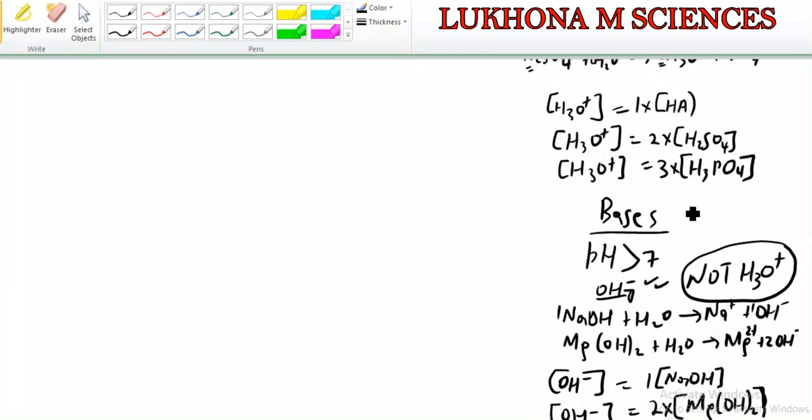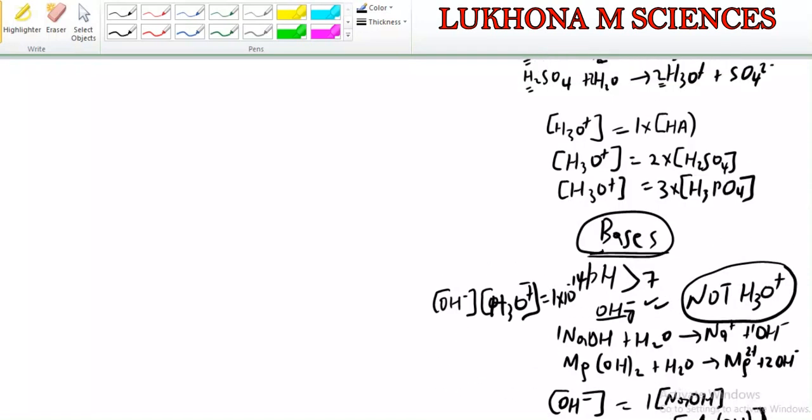Meaning that when you have a base, you are going to use this formula: the concentration of OH minus times the concentration of H3O plus is equal to 1 times 10 to the power negative 14.